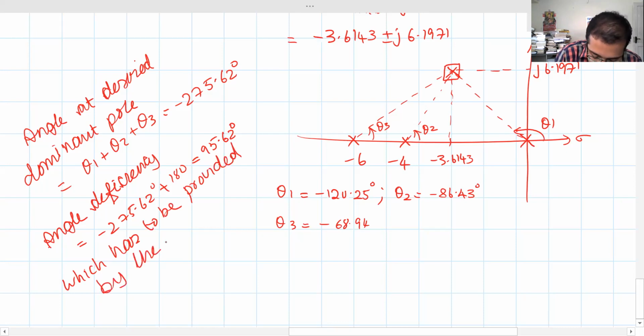By the compensator zero. Because zeros, being in the numerator, will always give a positive angle.